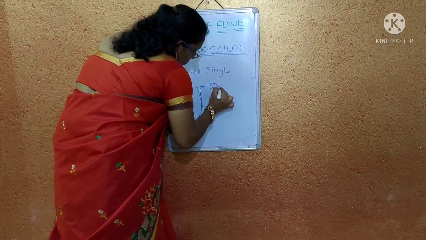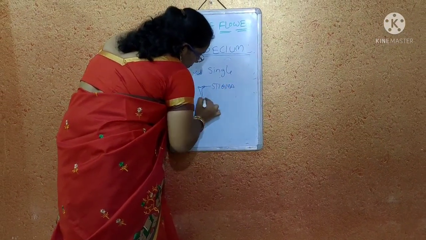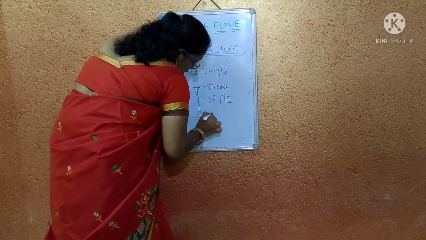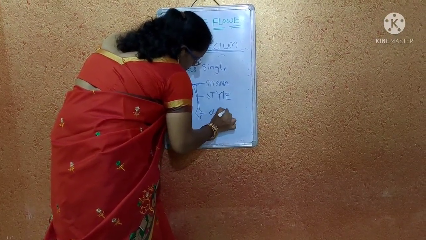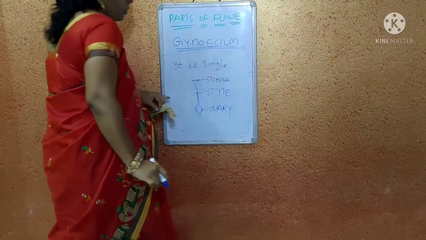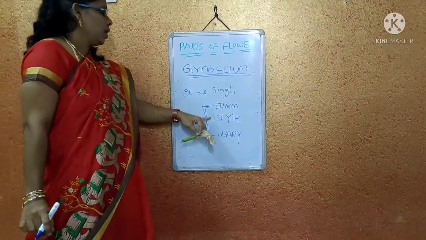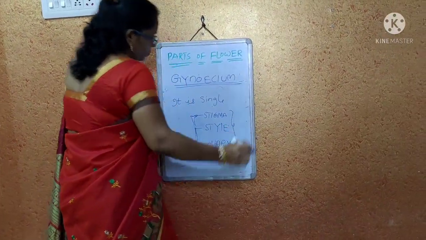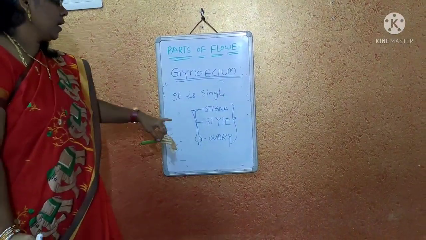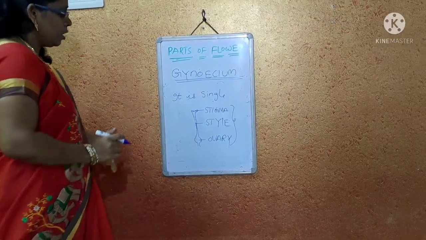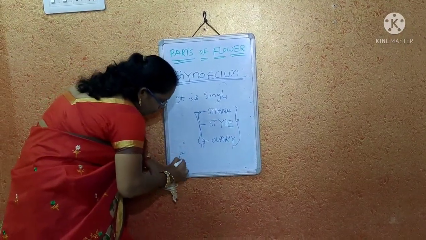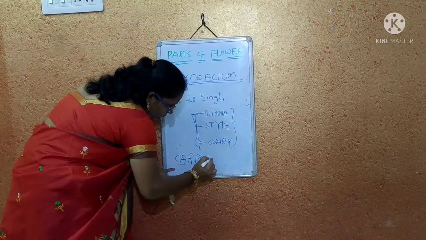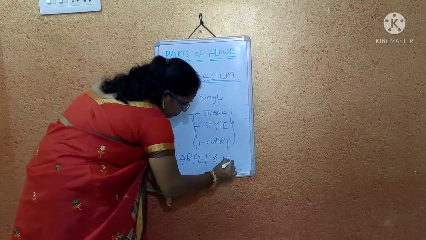This is stigma. This is style. This is ovary. Stigma, style, ovary. This is the gynoecium part, also known as carpel or pistil.